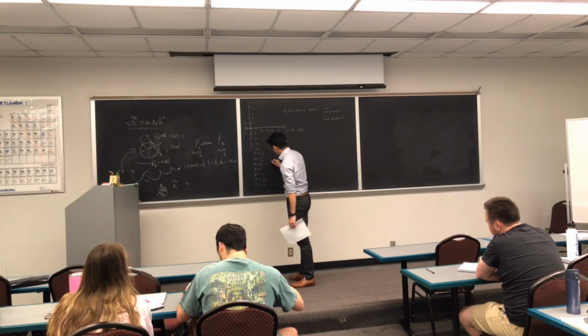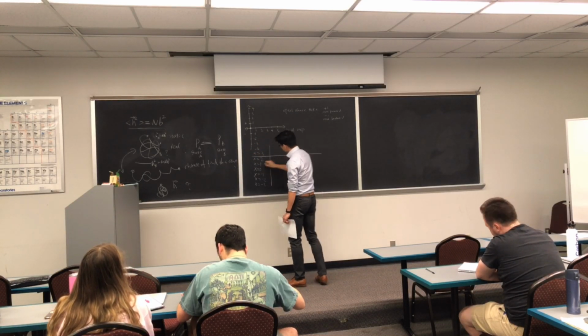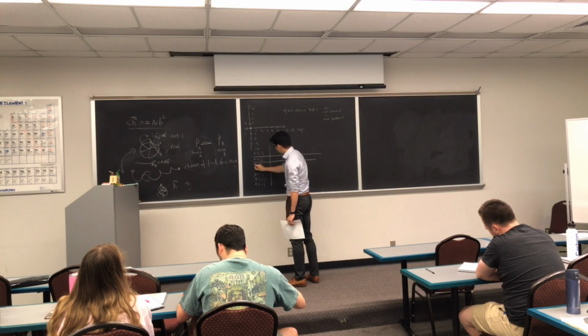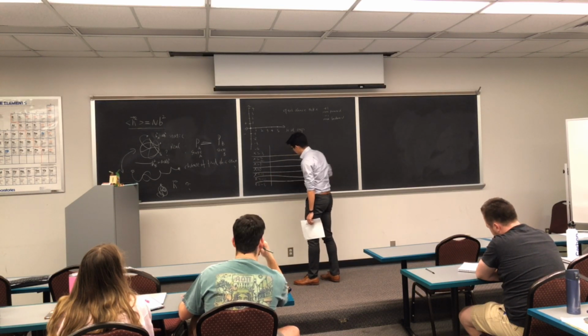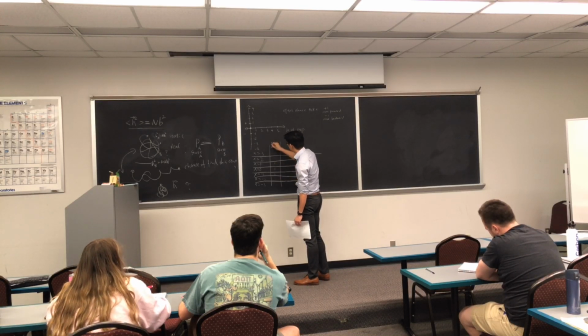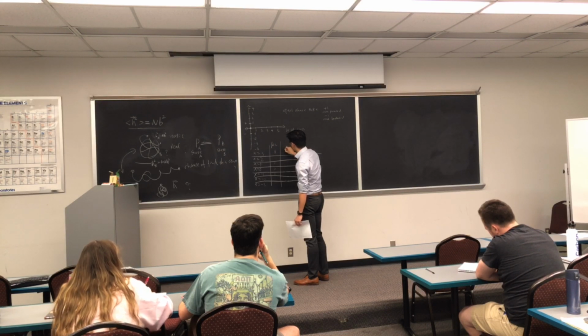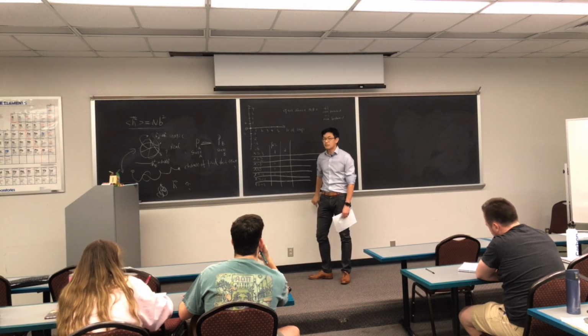If I take one step, I'm going to have a 50-50 chance to end up at either. This is one step, right? And each of them is a 50-50 chance.